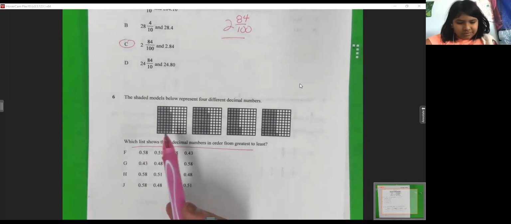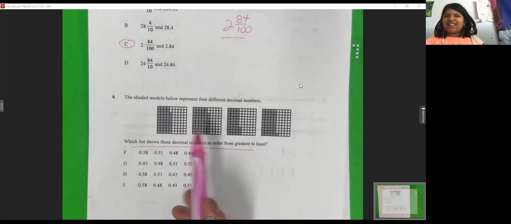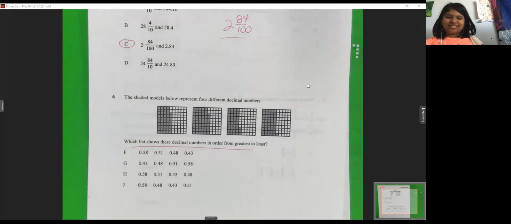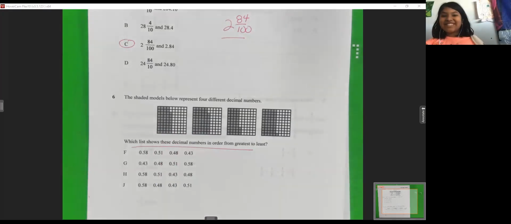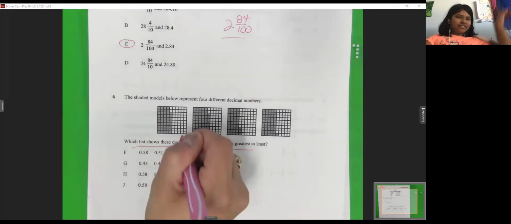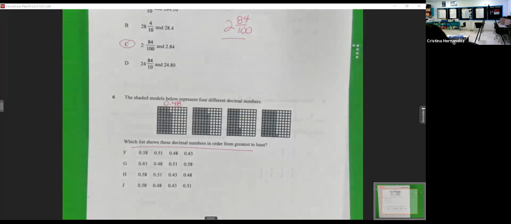Okay. Natalie, tell me how much is shown in this first one. 4,800. Daniel, what's represented in the next picture? 58.